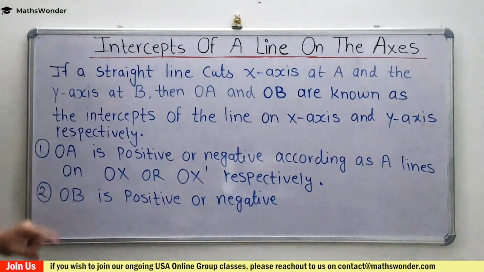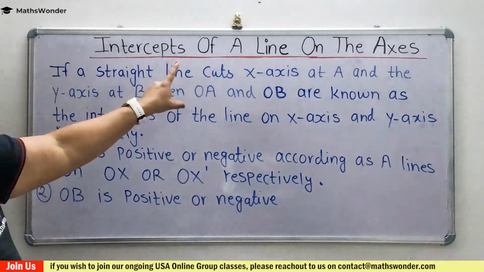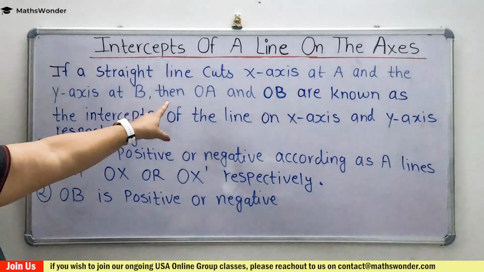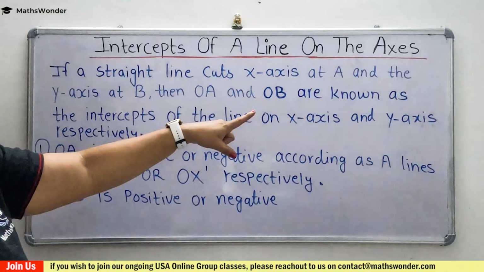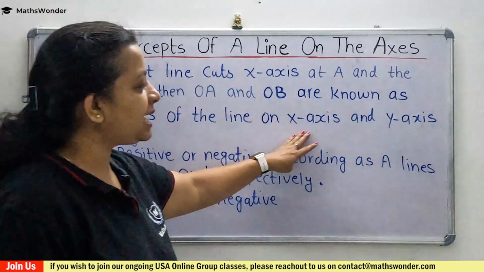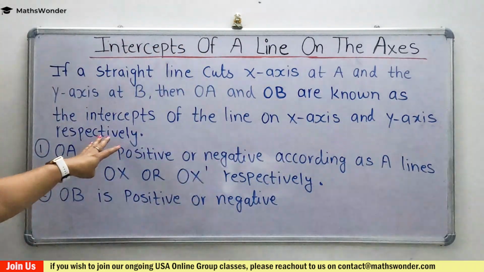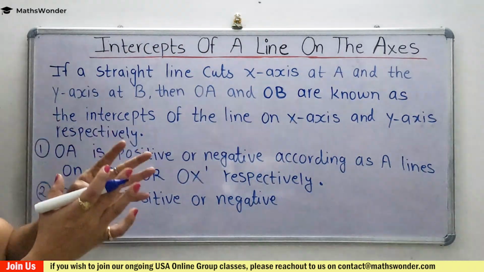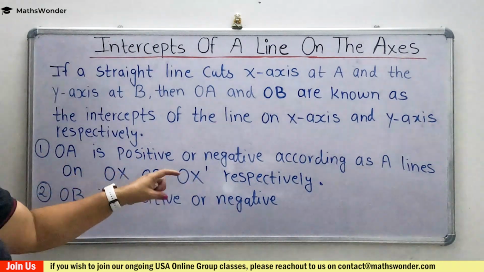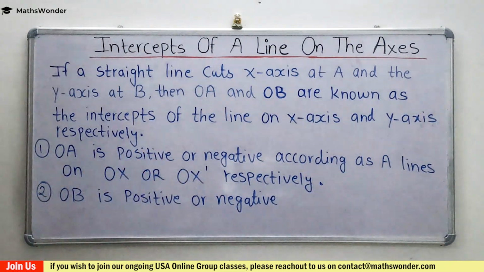So this is the description of the diagram, okay? If a straight line cuts the x-axis at A and the y-axis at B, then OA and OB are known as the intercepts of the line on x-axis and y-axis respectively, right? According to the diagram as we have discussed, OA is positive or negative. How will you decide it?